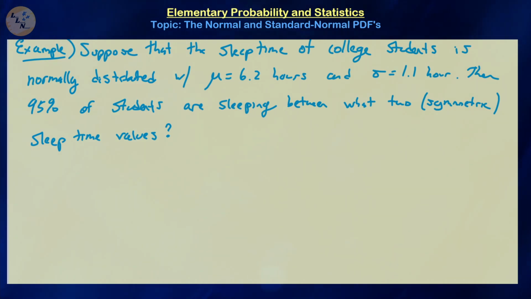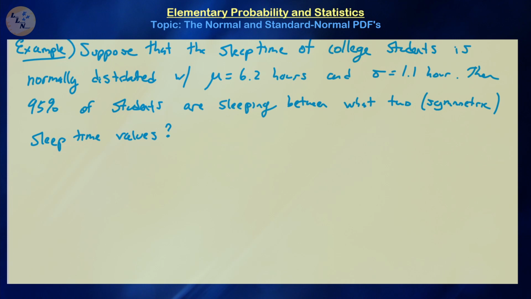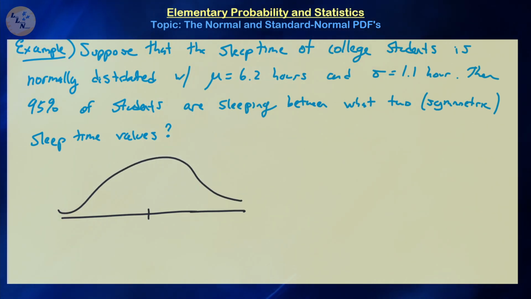So again, you could solve this using the percentile approach that we discussed earlier, or you can use the z-score approach. And if you're not using software, then the z-score approach would happen to be the more required version anyway. But regardless of which approach you use, you should get the same exact answer. So let's just draw a picture and sort of see what we're looking at here. Right? So what we're trying to look for is two sleep values.